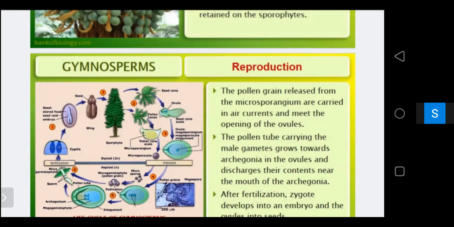So these are the differences between the microsporophyll and megasporophyll. Now if you see the difference between pteridophytes and gymnosperms, especially in context of the male gametophyte: in pteridophytes, the male gametophyte may or may not be distinct. In gymnosperms, a distinct male gametophyte is present.